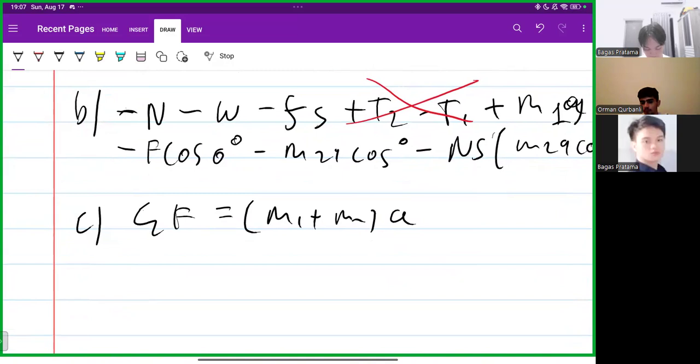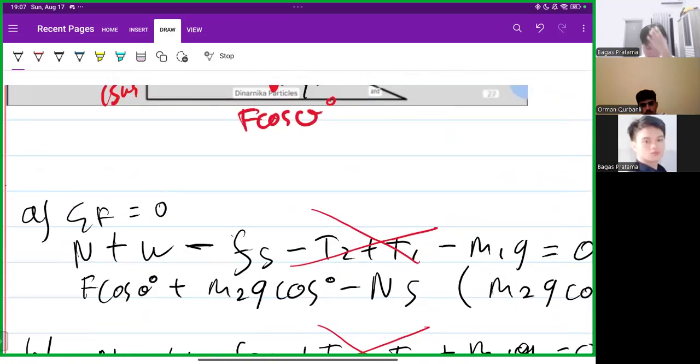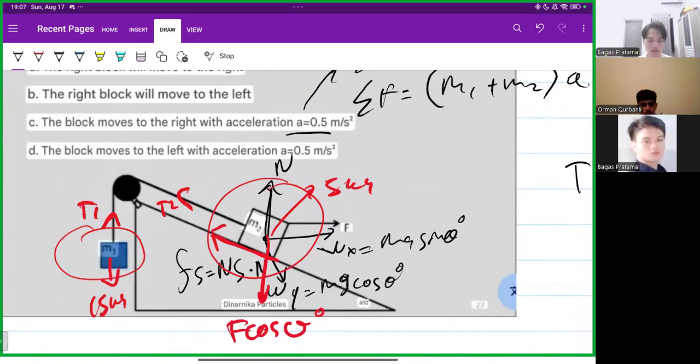The sigma is N plus W minus the sum of forces minus friction kinetics. Because we assume this object has acceleration, we basically think it will move. So the friction on the slope will be kinetic, or moving.